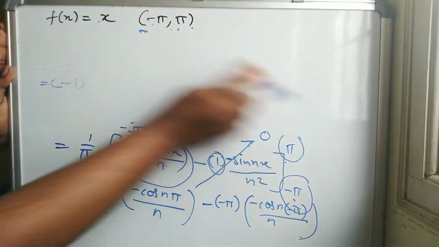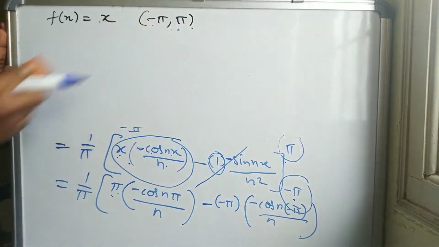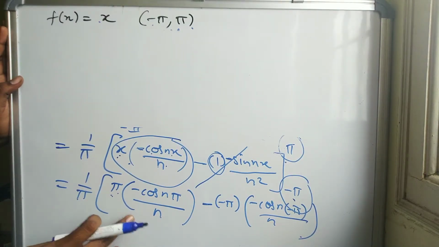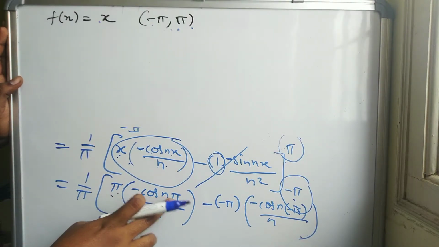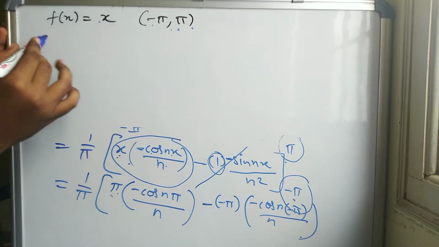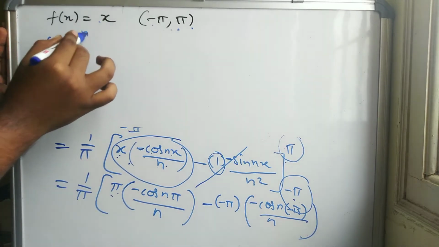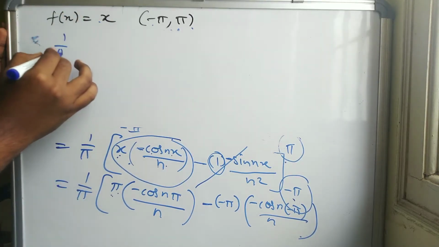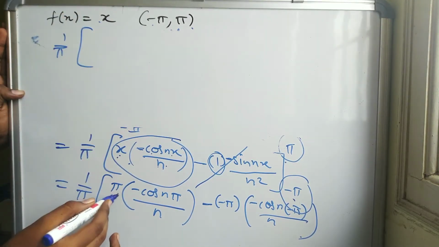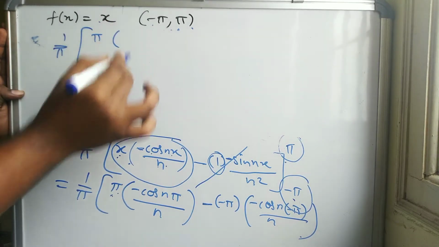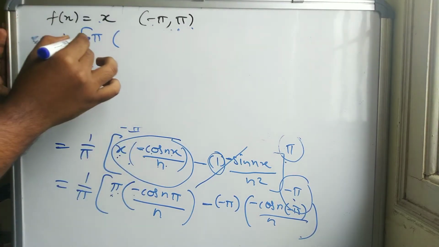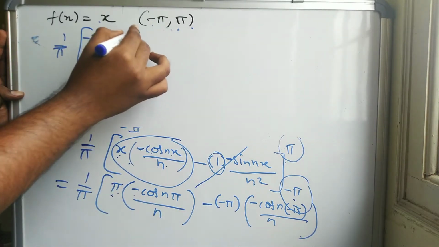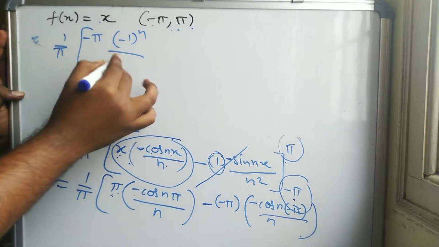So you can observe here, this is pi minus cos n pi. We know that cos n pi is minus 1 raised to n. So you can directly write 1 by pi, pi is there, into minus, you take the minus outside, this becomes minus cos n pi, that is minus 1 raised to n, by n.